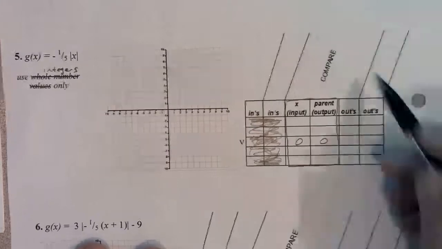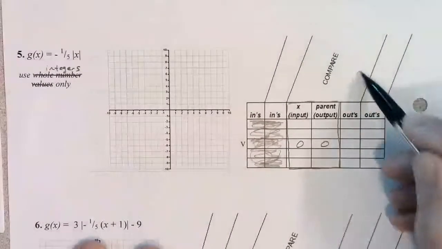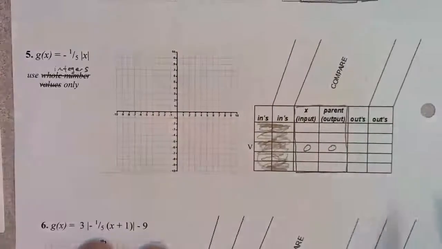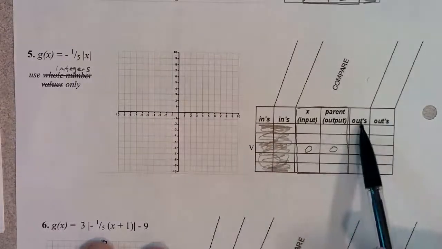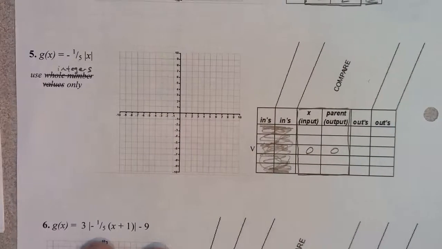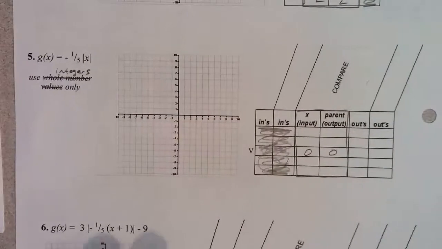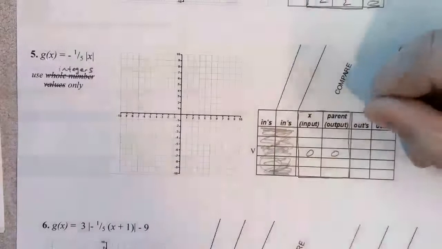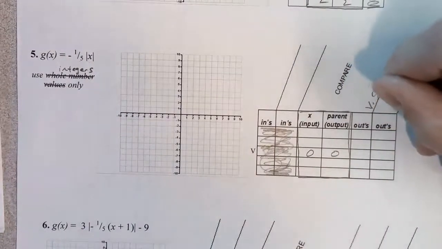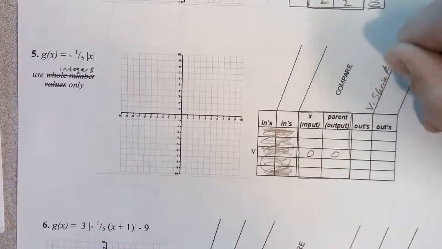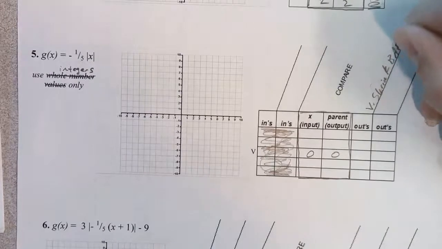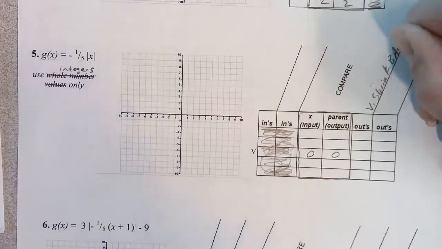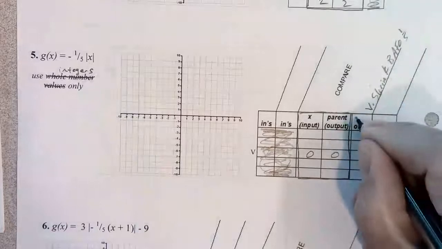There are 2 outputs. You won't always use all of them, but there are 2 things that are happening to the output. What's one of them? Yeah, it's a vertical shrink by a factor of 1/5. So we're multiplying by 1/5.